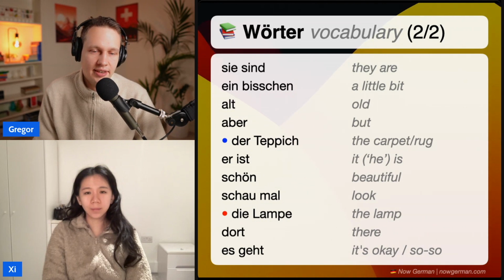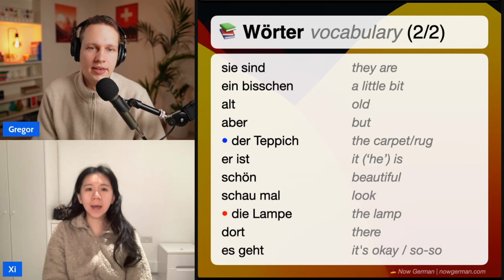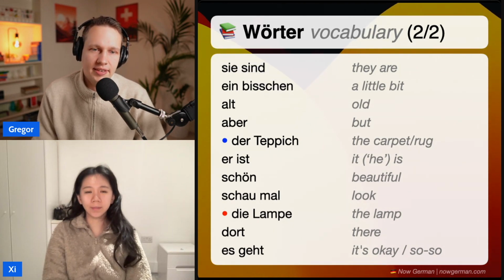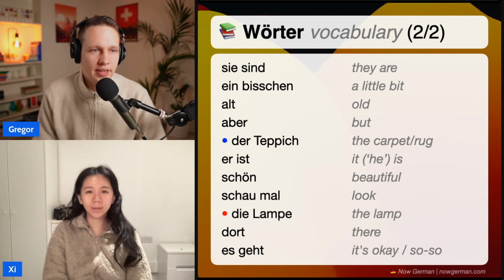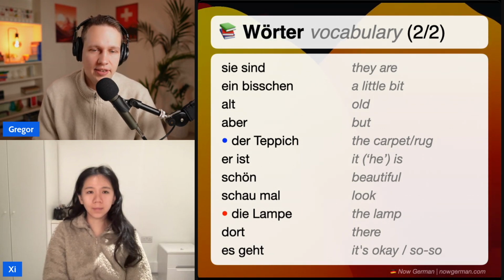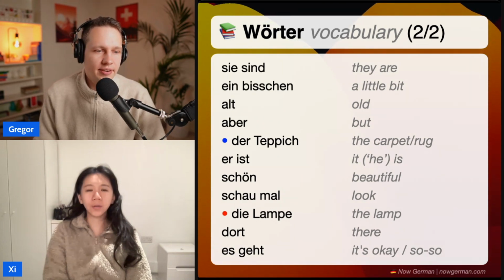And then, for example, the next one we have the lamp, which is die Lampe. Yes. And dort. That is there. And es geht. It's okay or so. And we'll look at these different answers to the question, how do you like something, some more in the grammar section. Any other questions? Oh, good.